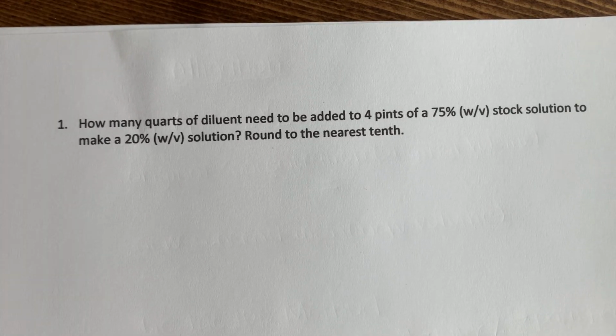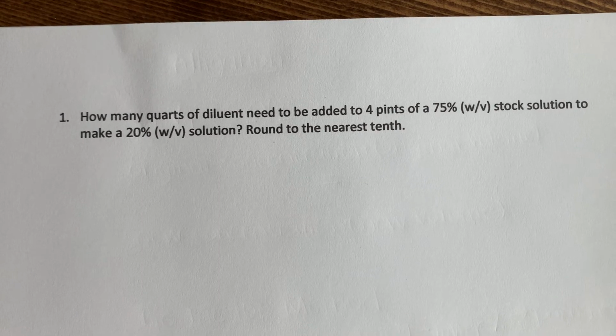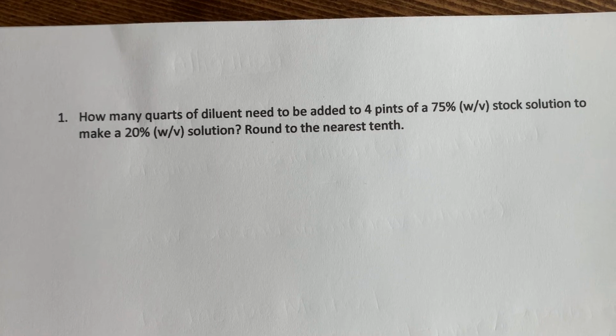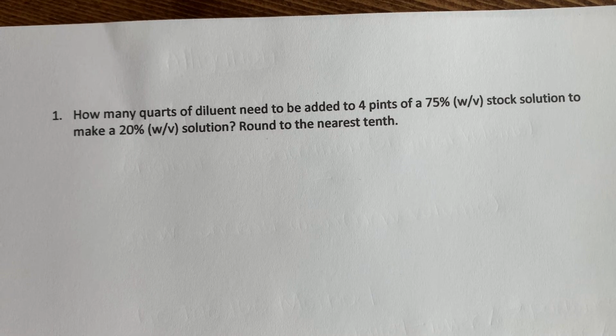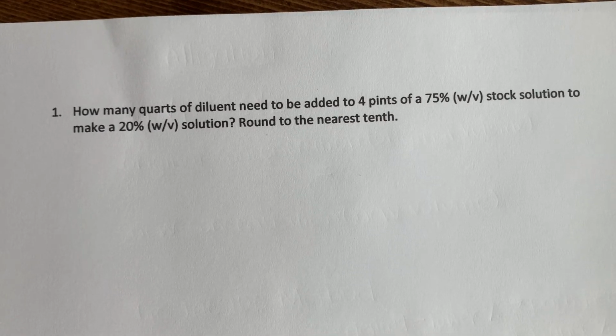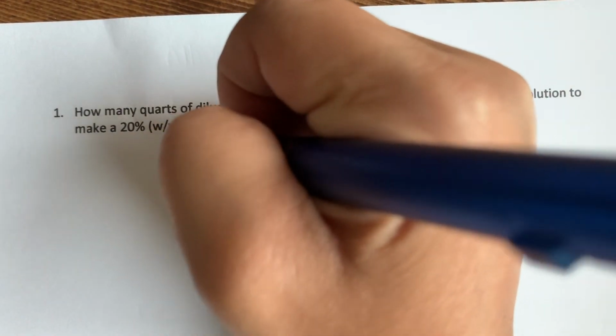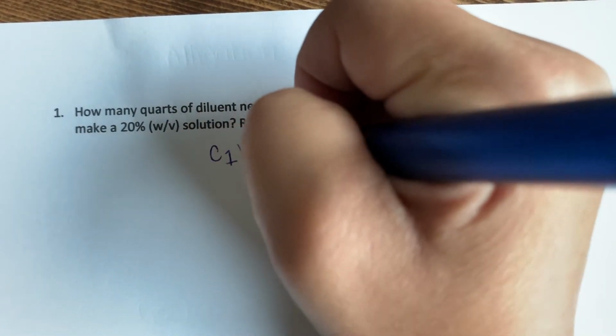So this first problem reads, how many quarts of diluent need to be added to 4 pints of a 75% weight per volume stock solution to make a 20% weight per volume solution, round to the nearest tenth? So for this one, I'm going to go ahead and show how to use C1V1 equals C2V2.